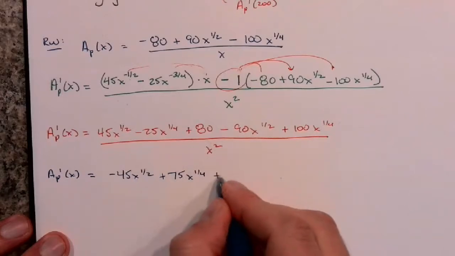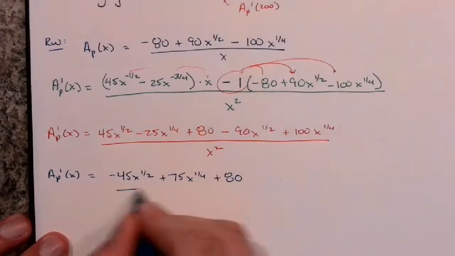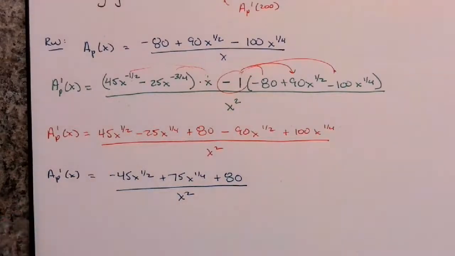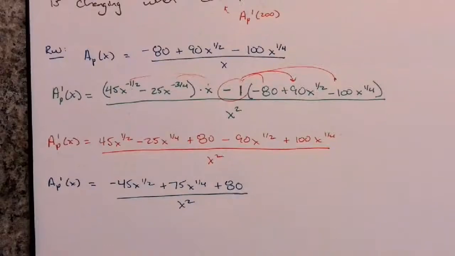And then we have plus 80, all over x squared. So a lot of work involved in the simplification. If you had rewritten this in a different form where you divide each term by the x, you might have had an easier time working with it. It's equivalent. Comes out the same.